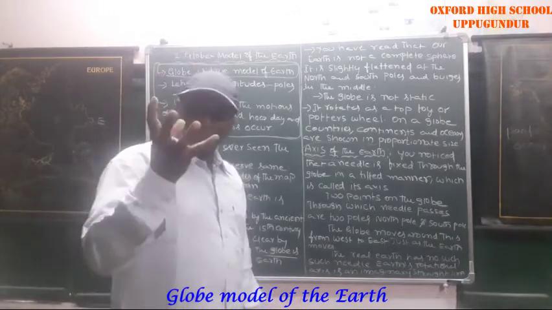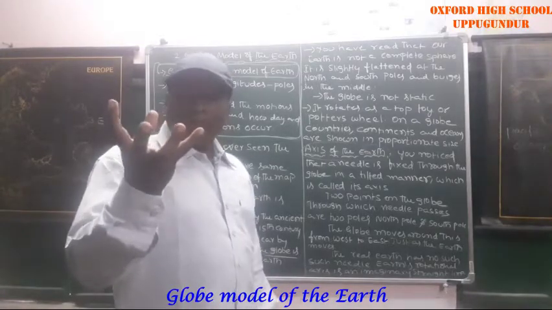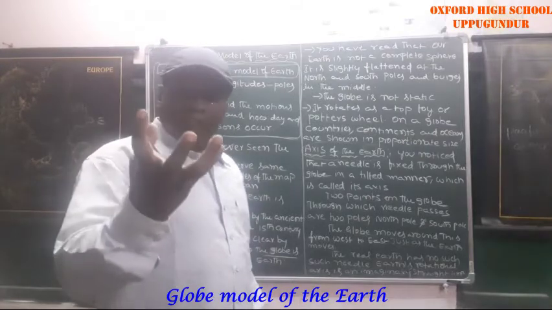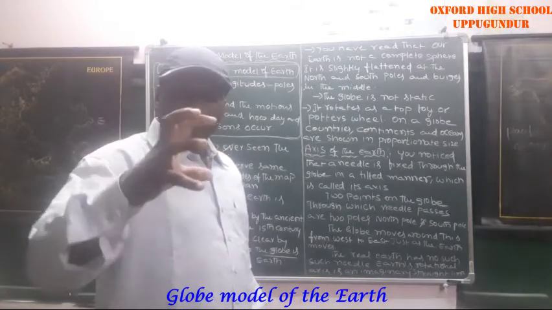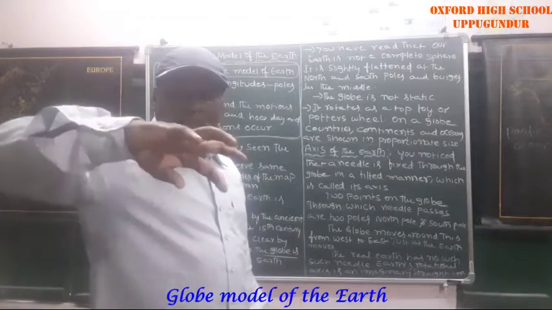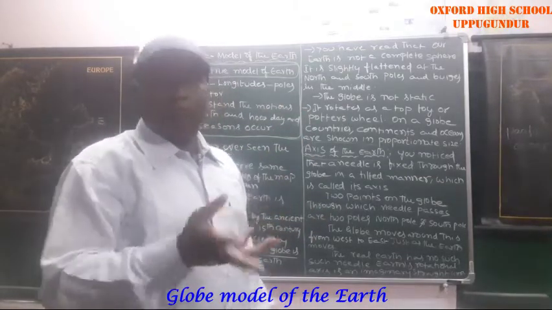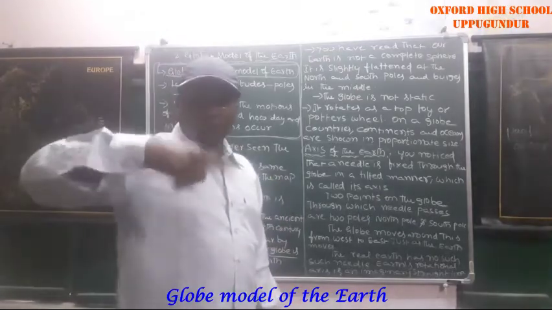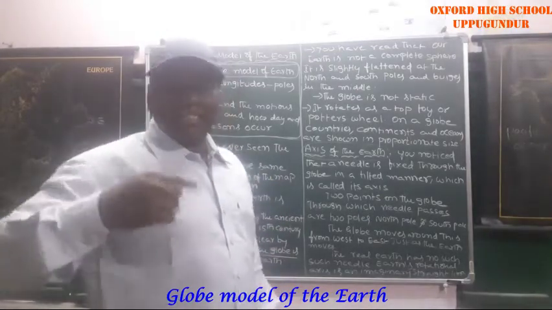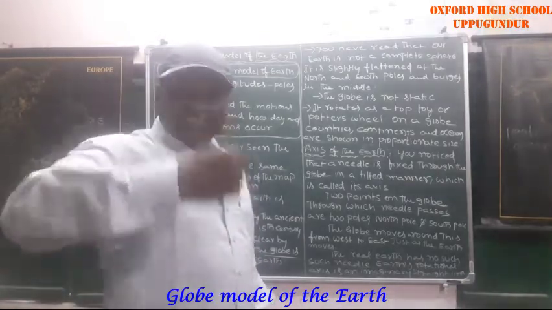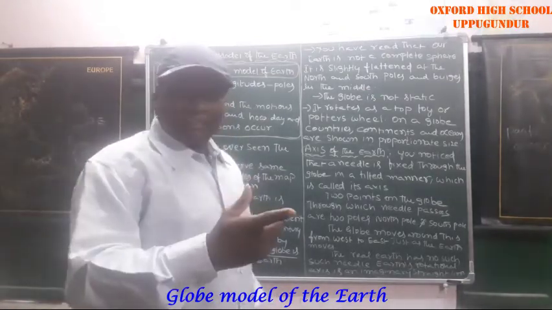If you take the globe, which is the model of the earth, you are able to observe one needle. Now if you push it, it rounds by using that needle, isn't it? That needle is the axis of the earth.